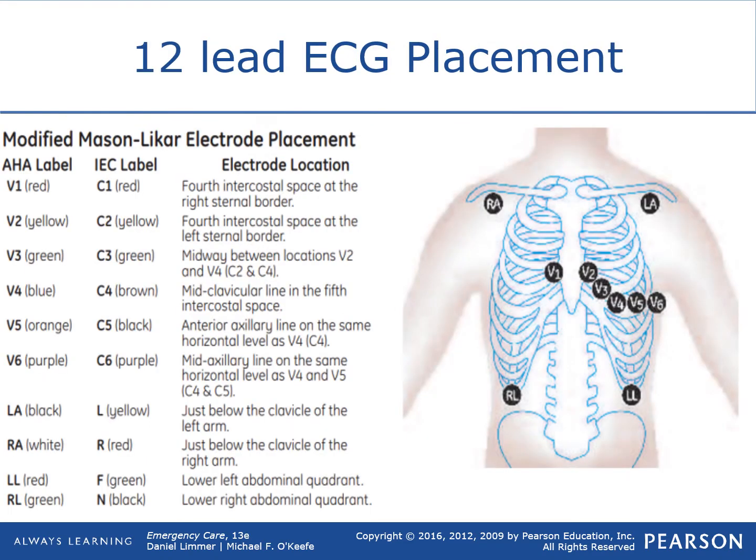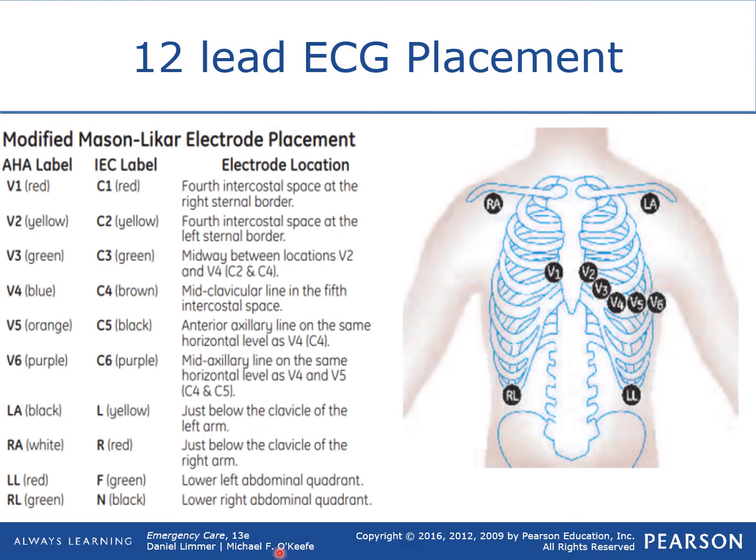So like I said, 12 leads is something that we really should be doing in person. So if you missed this lecture at all, please come to see me in person and we'll go over 12 leads hands-on. So as far as 12 lead placement goes, we have 4 what are called limb leads, and they're labeled as such.